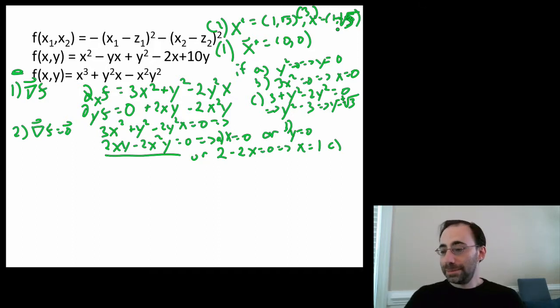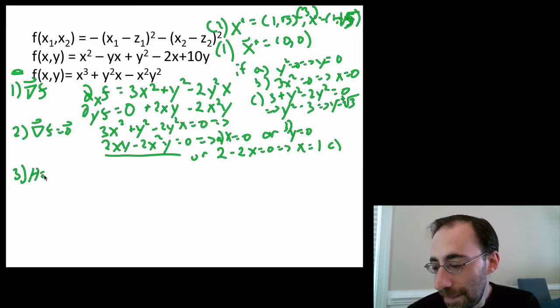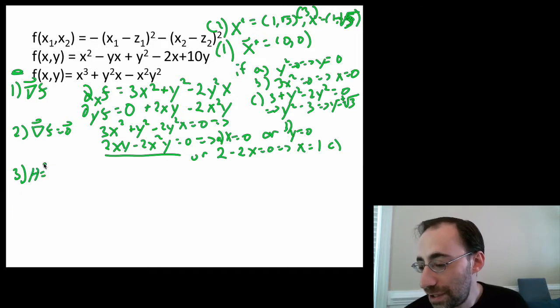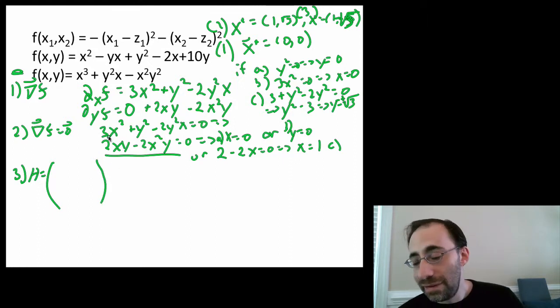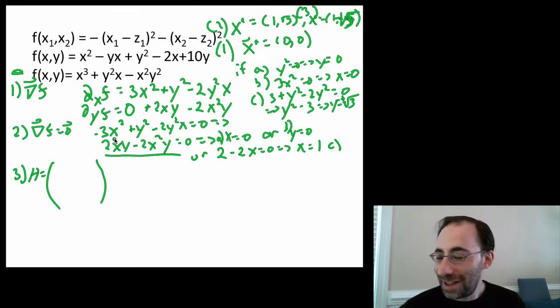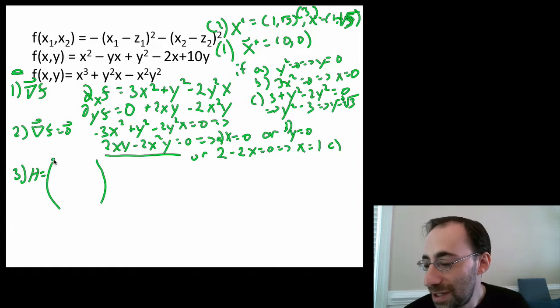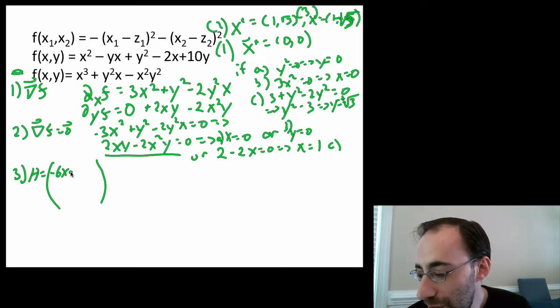Let's check them. First thing first, with 0, 0. Okay, so first we're going to calculate the Hessian. What's the Hessian? Well, the first upper left one is going to be the derivative of the first equation up here, the partial with respect to x is what I'm trying to say. So the first term is negative 6x minus 2y squared.